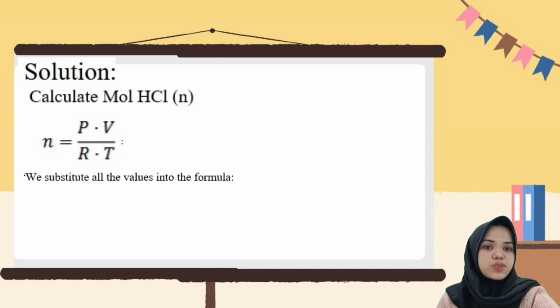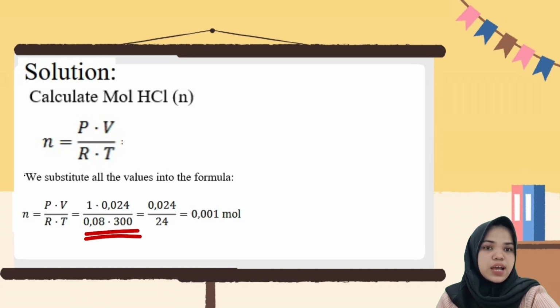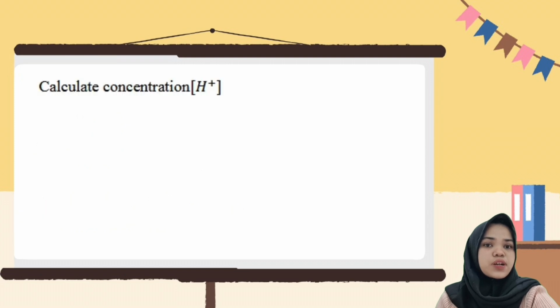We substitute all the values into the formula. 1 atmosphere times 0.024 liters divided by 0.08 times 300 Kelvin. 1 times 0.024 is 0.024, then 0.08 times 300 is 24. So we get 0.024 divided by 24, which is 0.001 moles of HCl.